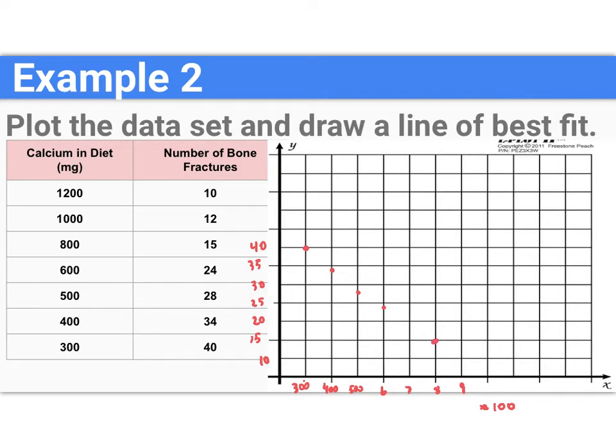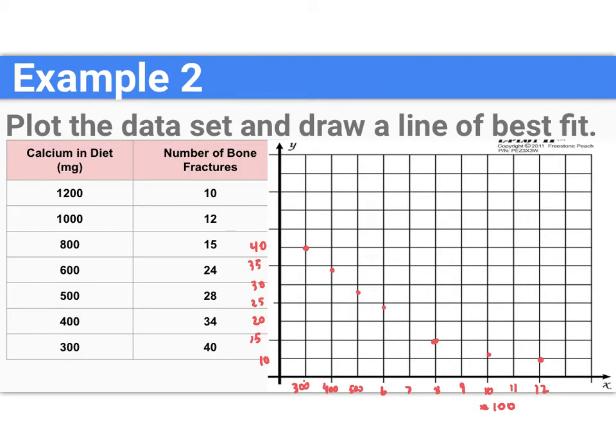It's right there. There's no 900. 1,000, we're about 12, so we're a little bit above. And at 1,200, we're at 10.